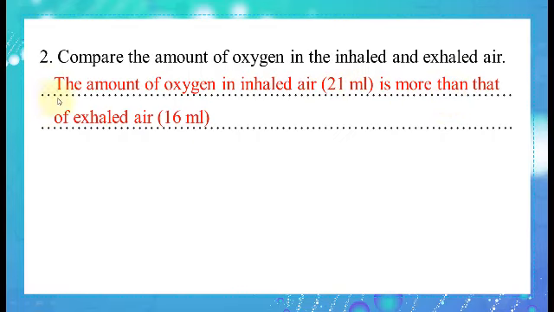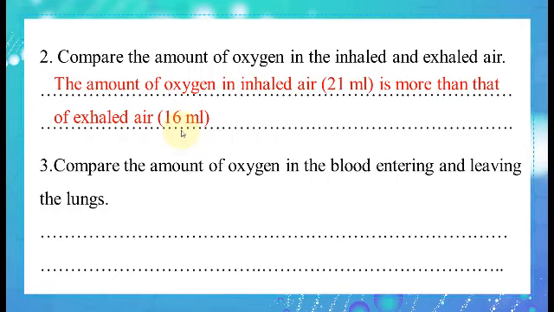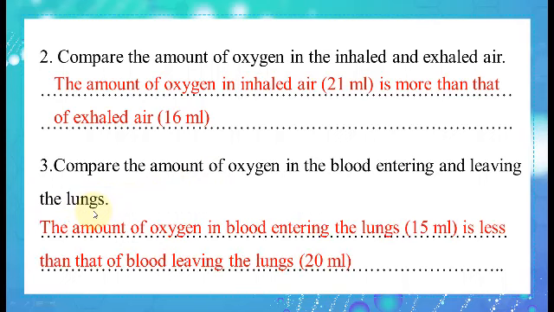So the amount of oxygen in the inhaled air, which is 21 milliliter, is more than that of the exhaled air, which is 16 milliliter. Number 3, compare the amount of oxygen in the blood entering and leaving the lungs. The amount of oxygen in blood entering the lungs, which is 15 milliliter, is less than that in the blood leaving the lungs, which is 20 milliliter.